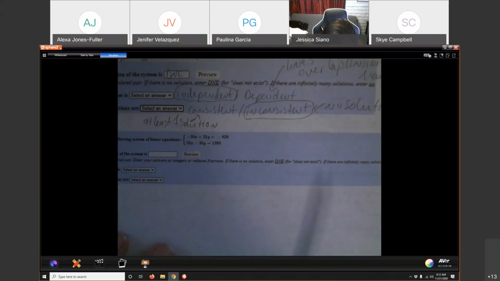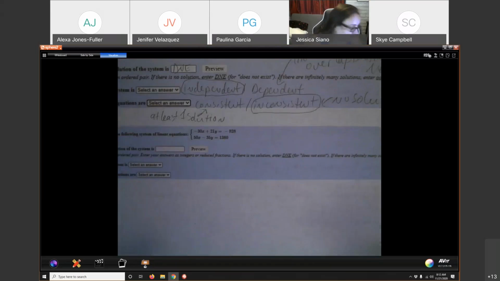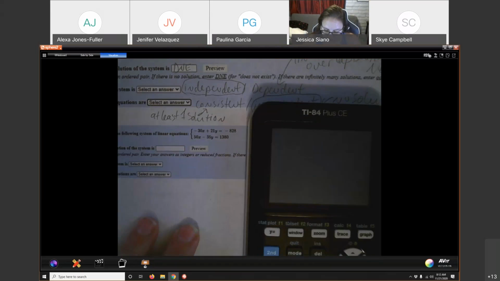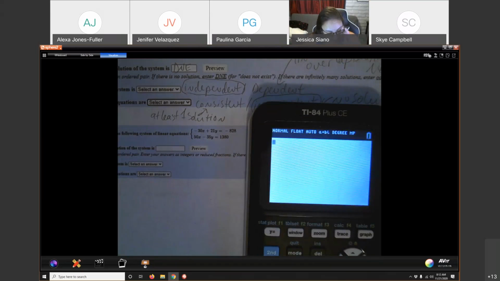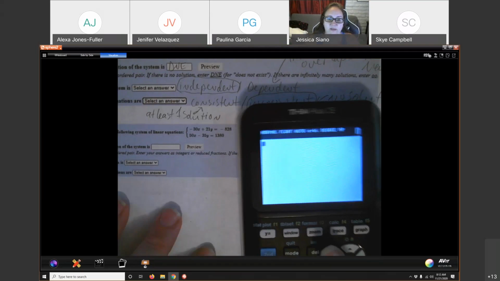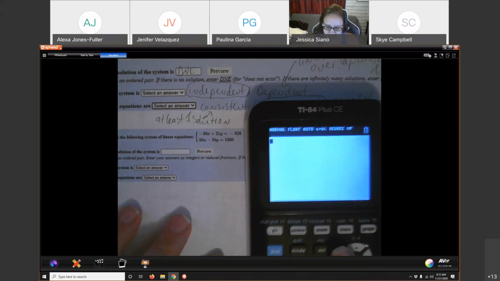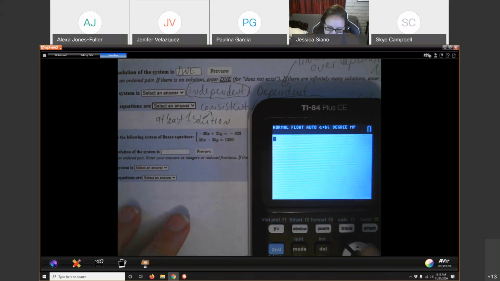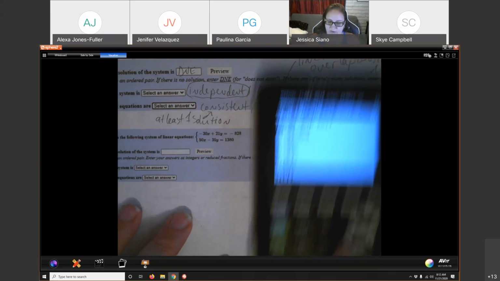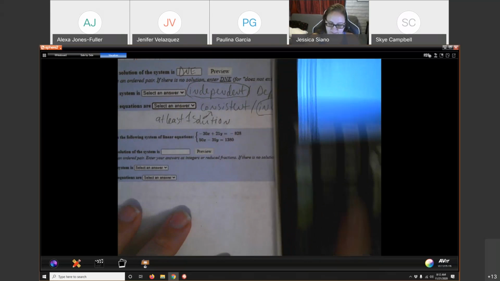So given the following equation, the solution to the system is, oh man, there's 100 ways to do this, but I'm going to use my calculator because I'm lazy. All right. So if you watched both videos today, then you should have gotten to matrices. So I'm going to use a matrix to solve these. To get to matrices, you press second and then this x to the -1 button, matrix.